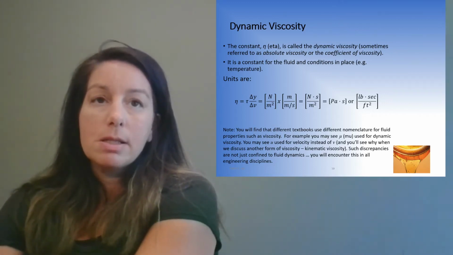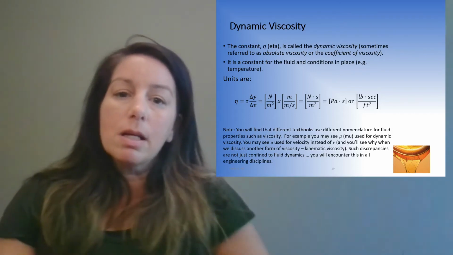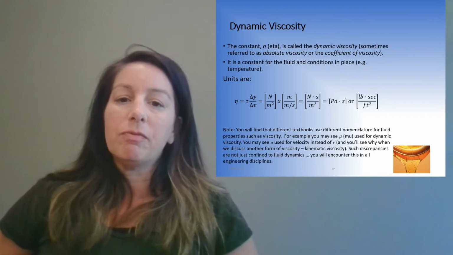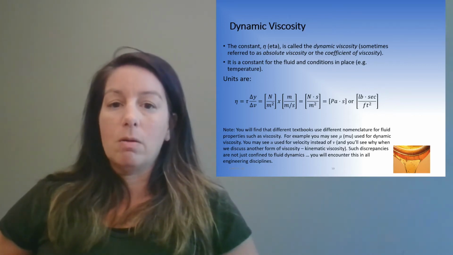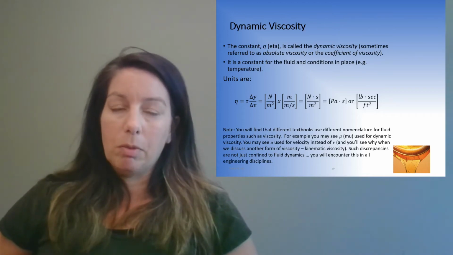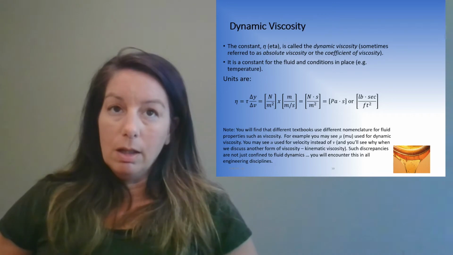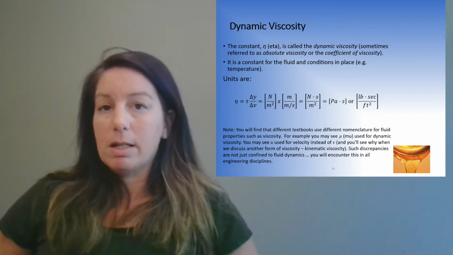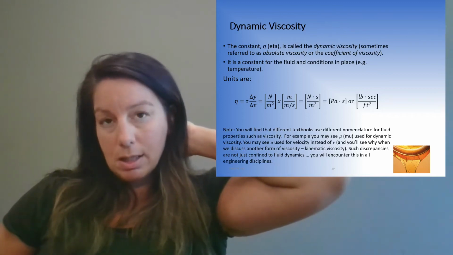For the sake of this course, we'll call it dynamic viscosity, okay? It's the constant for a fluid given its conditions, so temperature, pressure, all that good stuff, okay? But usually it's reported at a certain temperature. When they do these tests, they figure it out at control conditions.